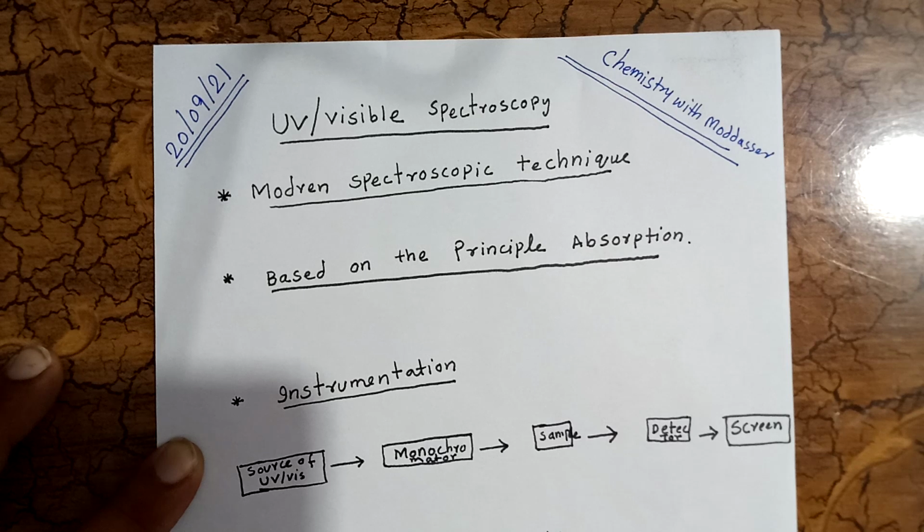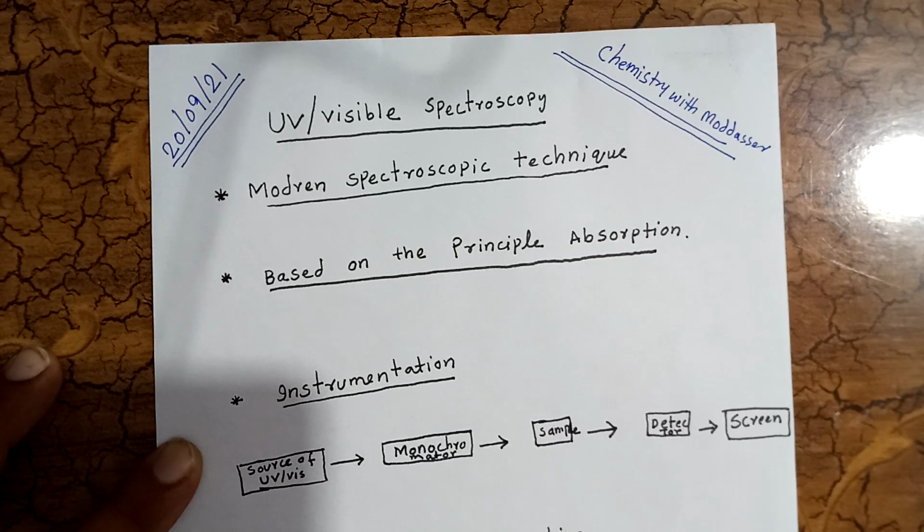So actually, UV visible spectroscopy is a modern spectroscopic technique which is used for the qualitative as well as quantitative analysis of a sample, or we can say an analyte or an organic or inorganic molecule.